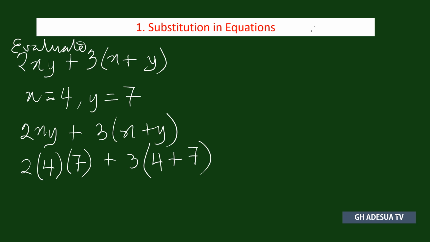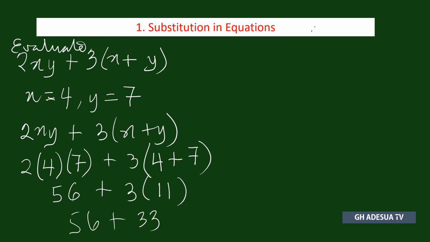2 times 4 is 8. Then 7 times 8 is 56. So 56 here, plus 3 into brackets. 4 plus 7 is 11. But you have to solve the brackets first. Now 3 times 11 is 33. And then plus 56.